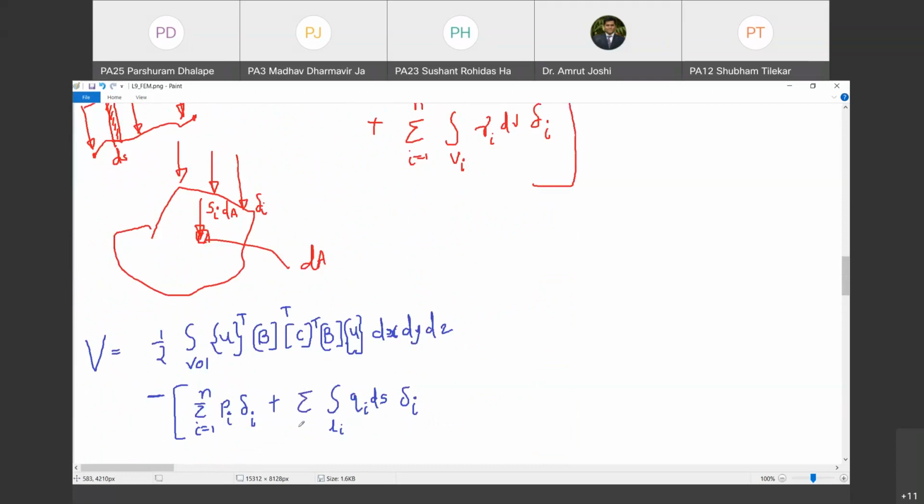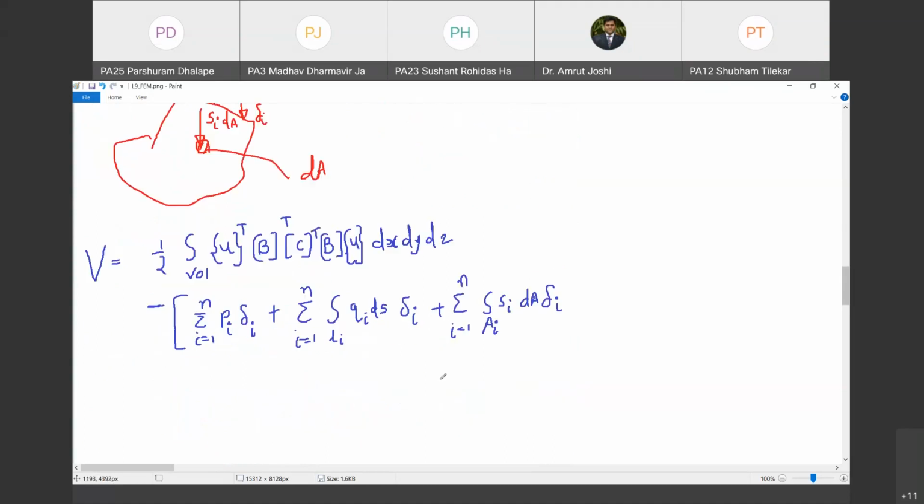and its summation from i running from 1 to n, plus summation i running from 1 to n integration over A_i, S_i into dA multiplied by delta_i, plus summation i running from 1 to n body loads.